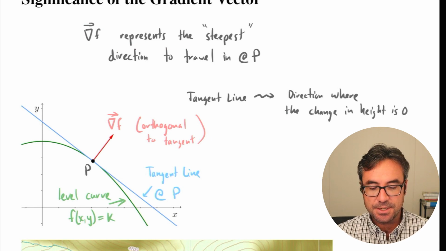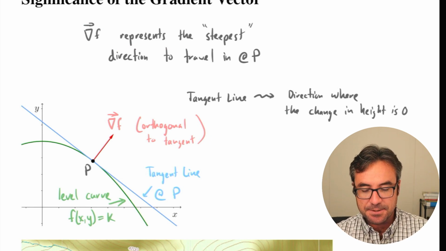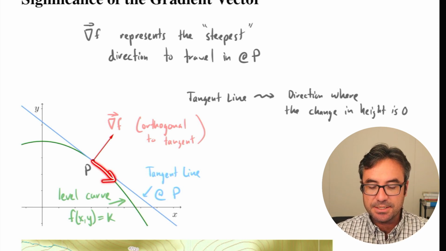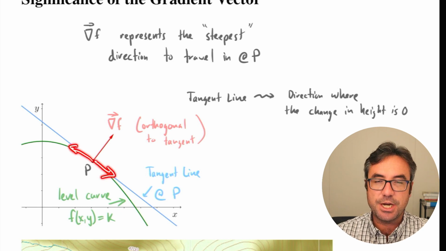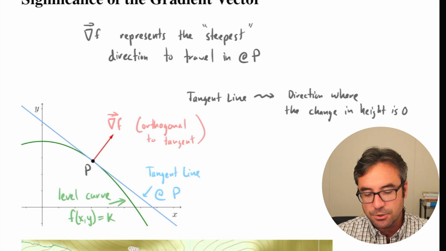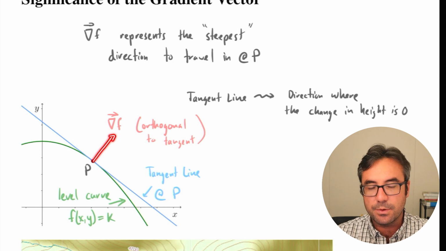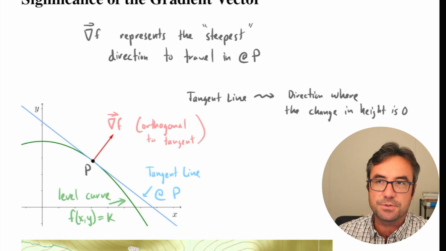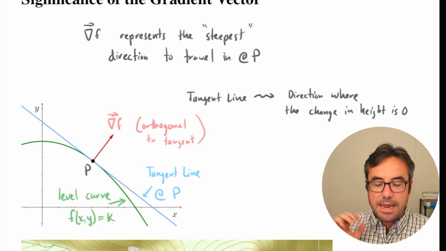It makes sense, then, that the tangent line is telling us the directions where the change in our height is going to be 0, so the greatest change happens in between those two end caps.